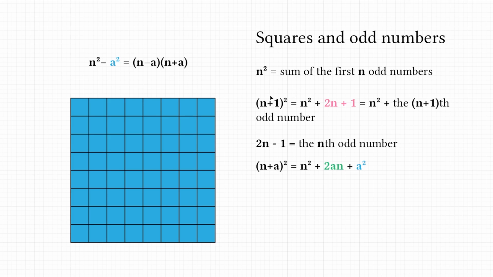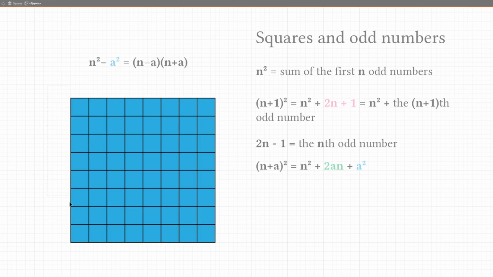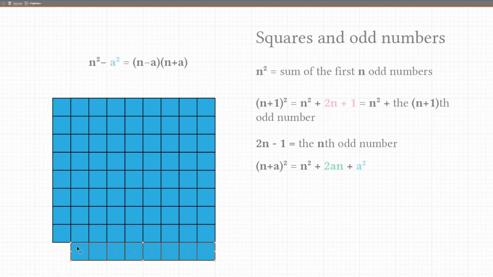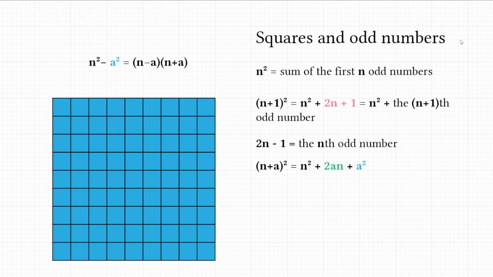But we don't have to stop here. Of course, we can just make the negative square bigger still, and what we're going to get is a negative number.